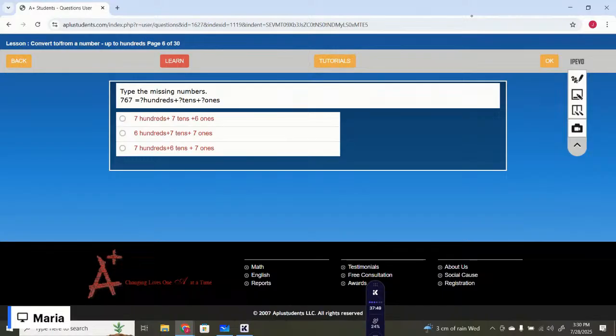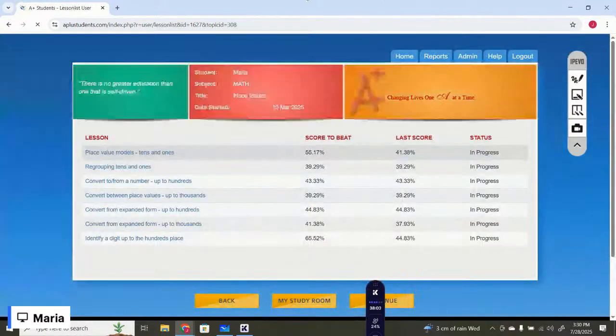Type the missing number 767. So which is the correct option? That would be 700, 6 tens, and 7 ones. Option number 3 is the correct option. Okay, you can complete the lesson by yourself later today. Let me just move on to the next lesson.